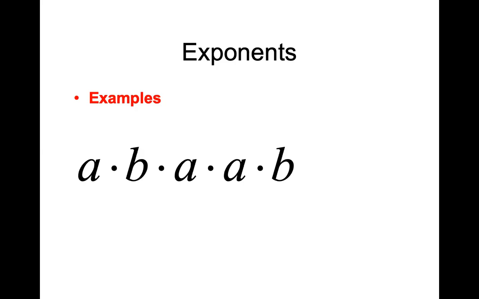Give me a base: a. And how many a's? 3. Give me the other base: b. How many? 2. So a is to the 3rd power and b is to the 2nd. Notice there's no space between, it still means there's multiplication. If there were 3 variables, we'd have a c to the 5th power.